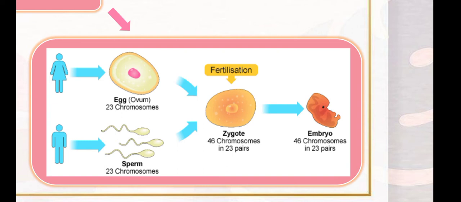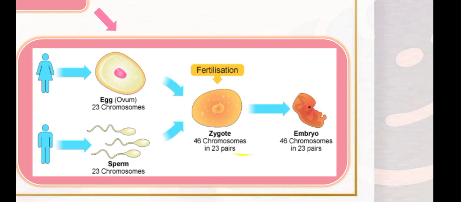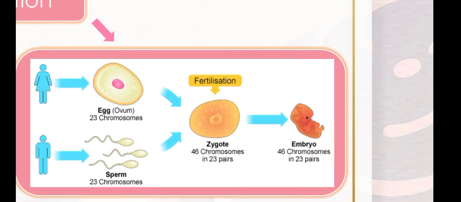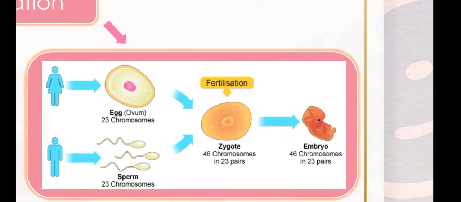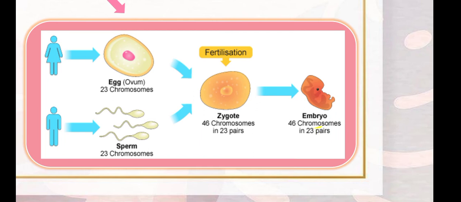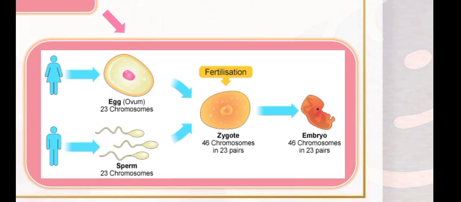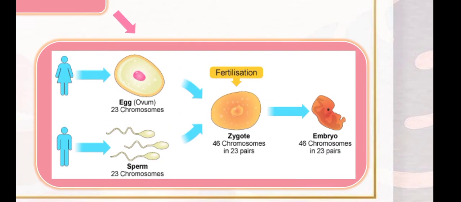This new cell, we call it zygote. And the zygote will grow and become an embryo. So this embryo has 46 chromosomes or 23 pairs, a combination from mother and father.